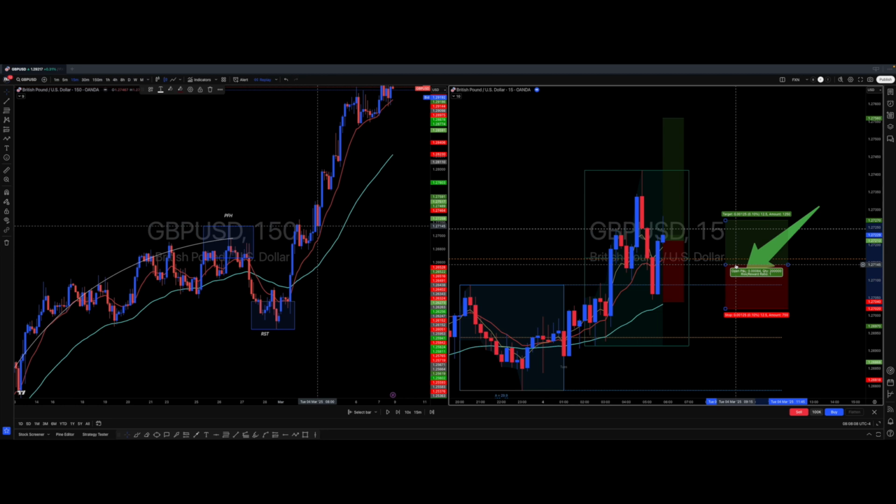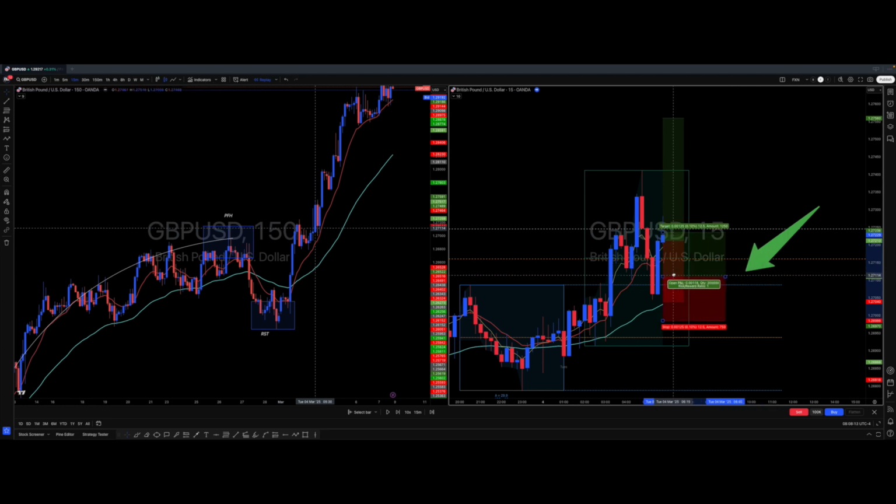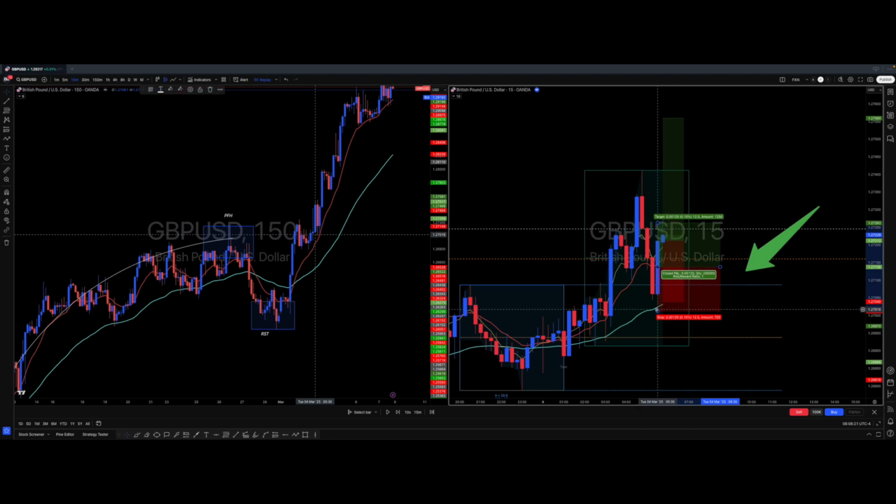Okay, that would be basically you're putting in a limit order on this pair. So the limit order would be somewhere around the middle of the candle, 50% of the candle, and then the stop loss still goes in the same area below the lows.